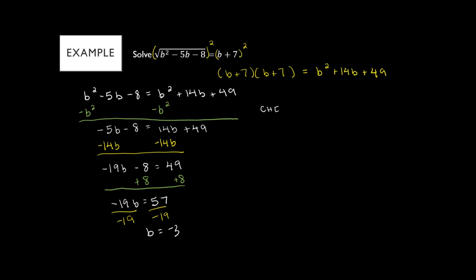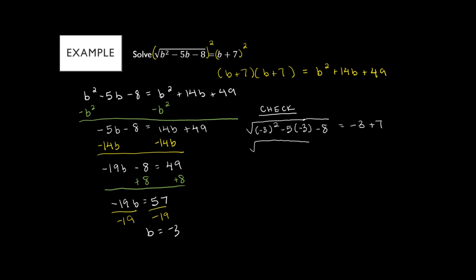So now we need to check to see if this is an actual solution or is this extraneous? So on the left side, got b squared, so that's going to be negative 3 squared, minus 5 times b, which is negative 3, then minus 8. And on the right side, we have b, which is negative 3 plus 7.